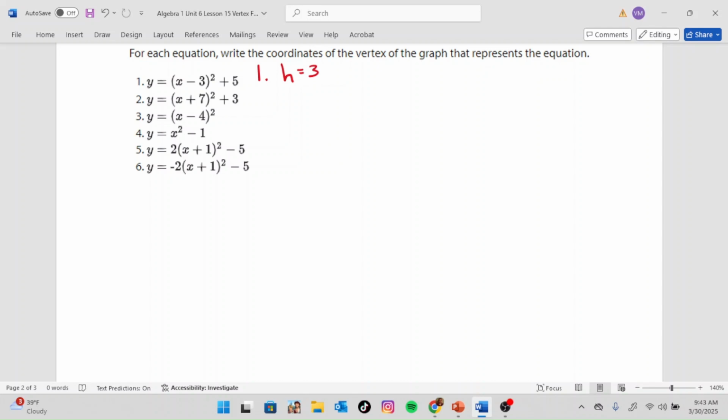And since it's plus k, that means k is +5. So the vertex is at the point +3, +5.